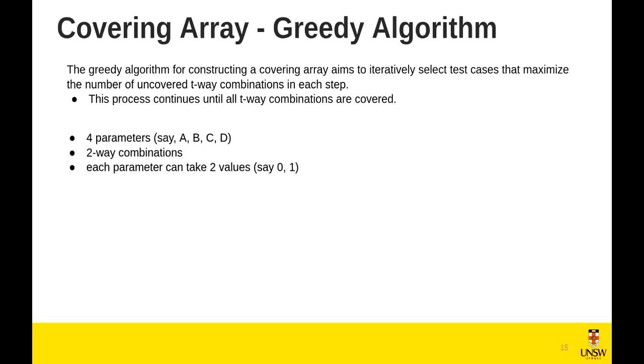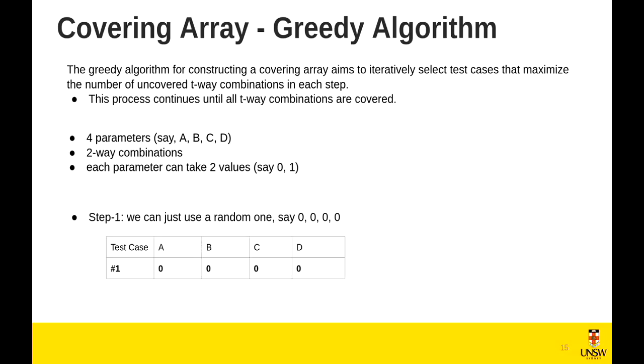So let's come back to the previous example where we have 4 parameters, and this time let's make the parameter names simpler: A, B, C, and D. We are trying to do two-way combinations, and each parameter can take 2 values, 0 or 1 again. In step 1, we can just use a random one to start with.